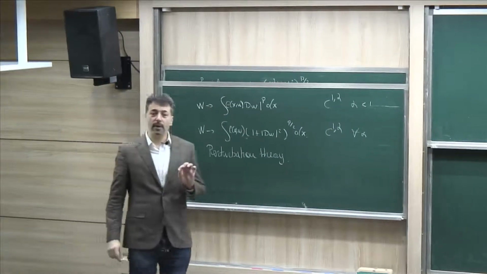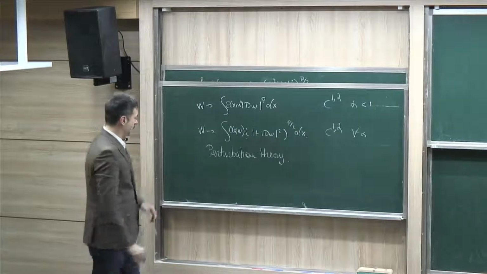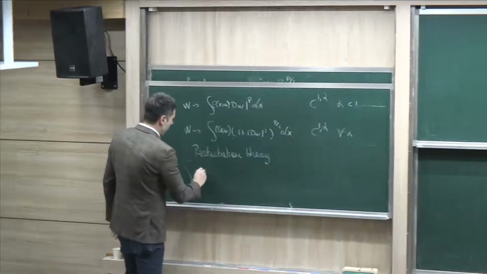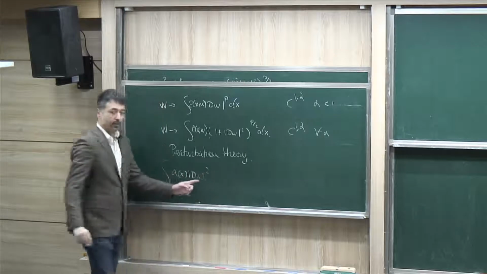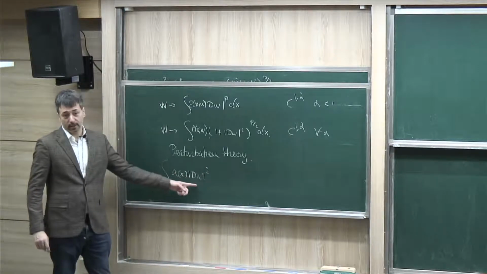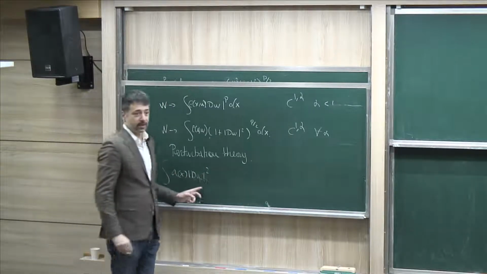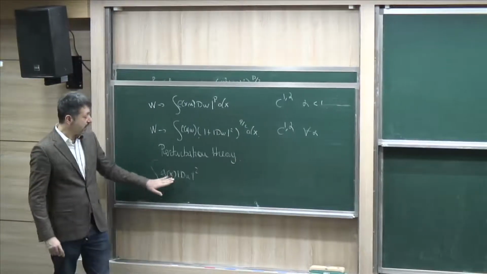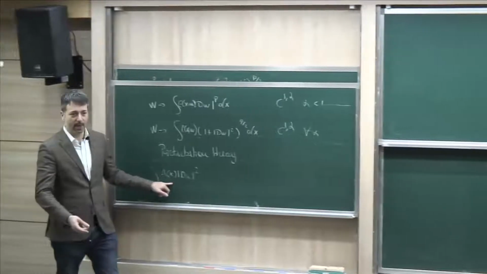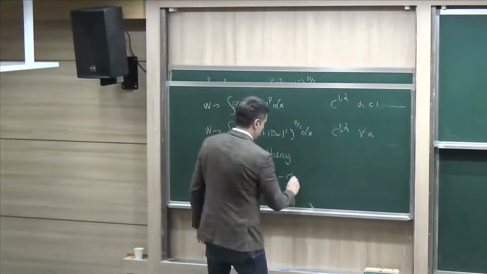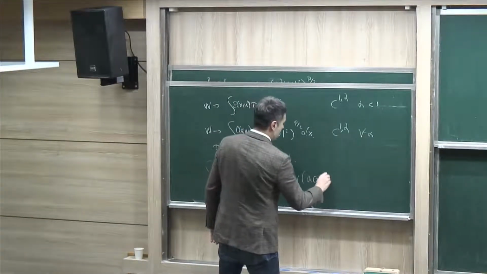On the very first day, I told you how you deal with, for instance, functionals like this. What is the Euler-Lagrange equation of a functional like this? If A is constant, the minimizers are harmonic functions, and therefore the Euler-Lagrange equation is the following one.